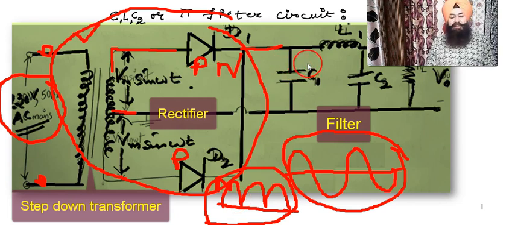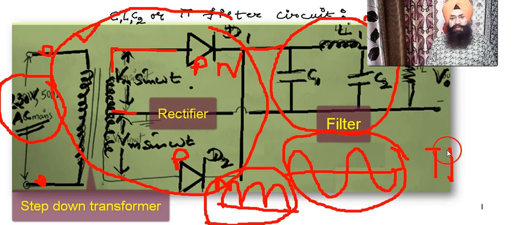Then we have the filter circuit, the capacitors C1, C2, and the coil. This shape is like a pi, so that's why it is called the pi filter. And output is taken between the two ends, where a resistance RL is connected.